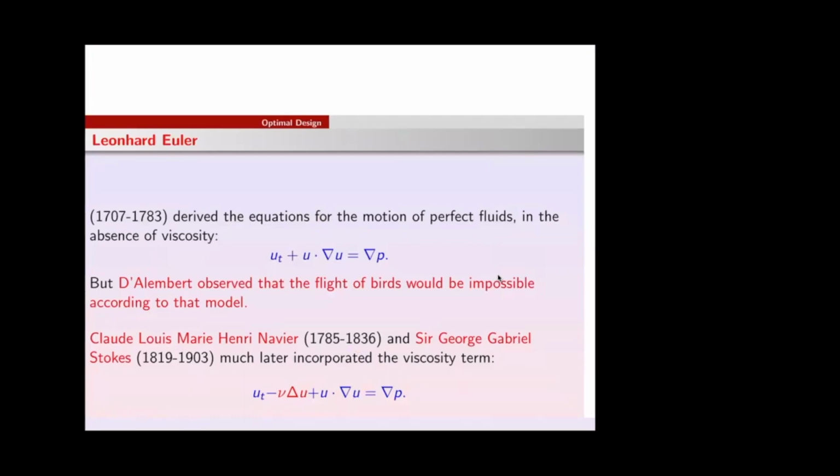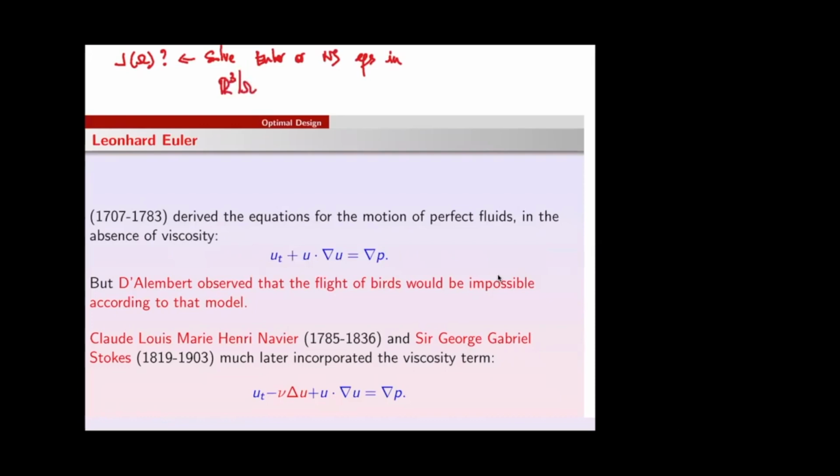So whenever you have to compute J omega, you need to solve Euler or Navier-Stokes equations in the space R3 minus omega.